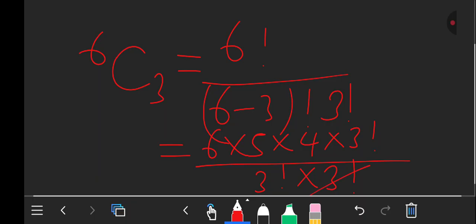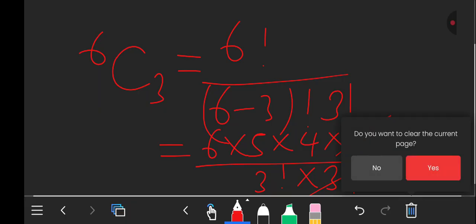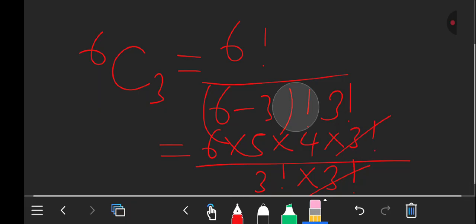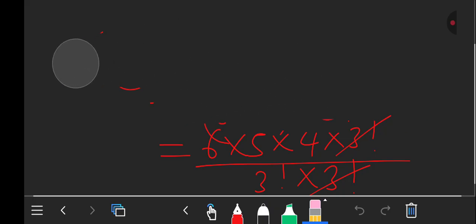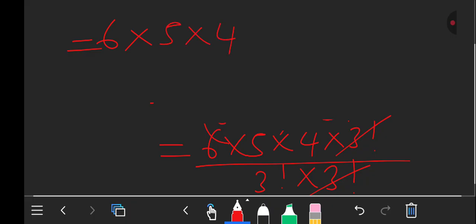That 3 factorial and that 3 factorial can cancel out. So what I'm going to remain with is 6 multiplied by 5 multiplied by 4 over 3 factorial. But 3 factorial is just 3 times 2 times 1.